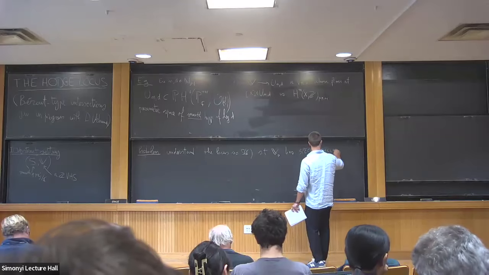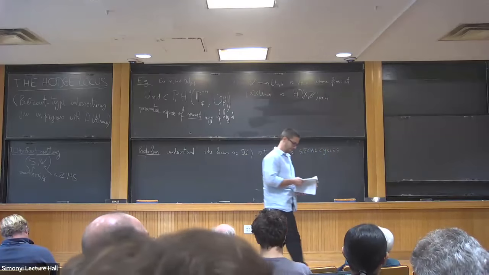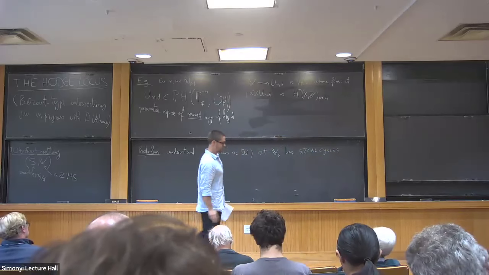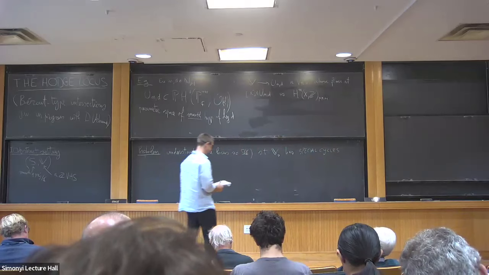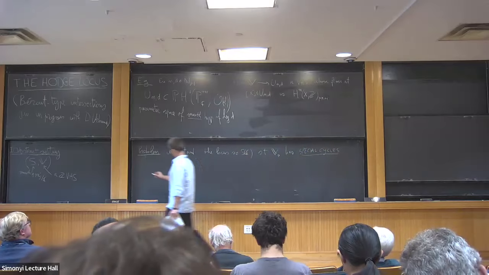Now we will define what I mean by special cycles, and then I will give you a precise definition of the Hodge locus. But that will be crucial. So what do I mean by special cycles?